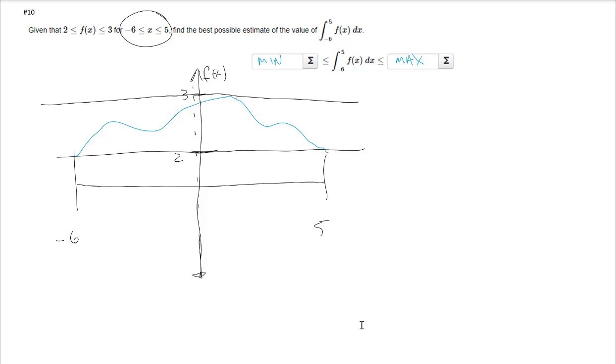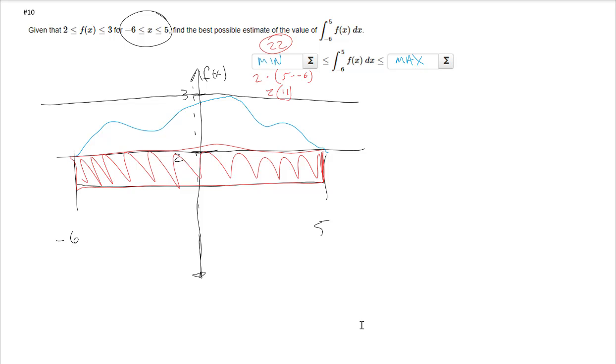Well, the minimum area that f of x could have underneath it is just the minimum part of the function. So 2 times, I mean, this is technically 5 minus -6, but it's just 2 times 11 because that's the width of the interval.